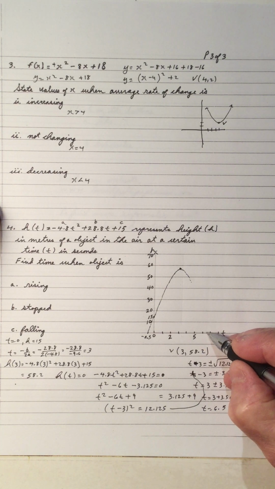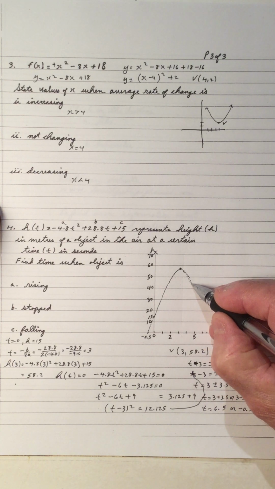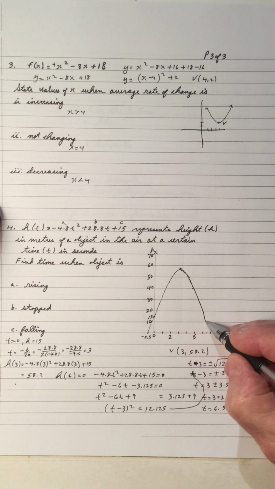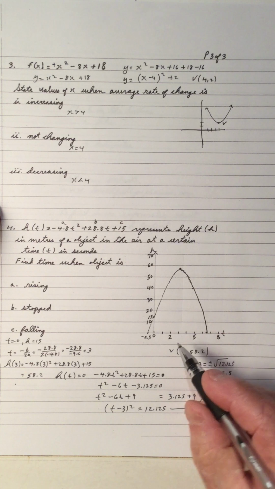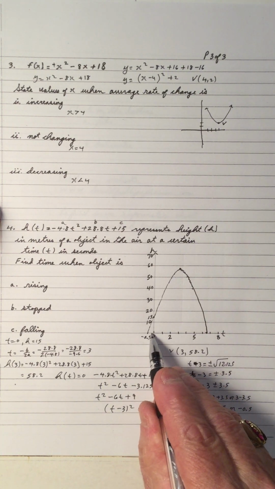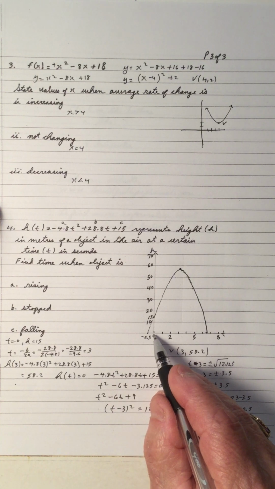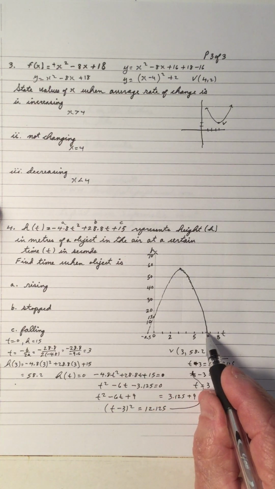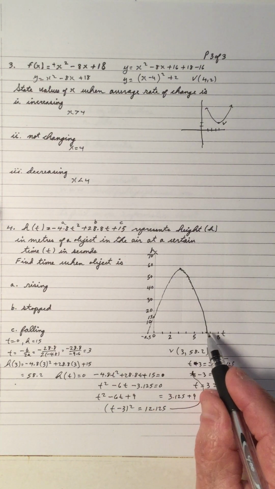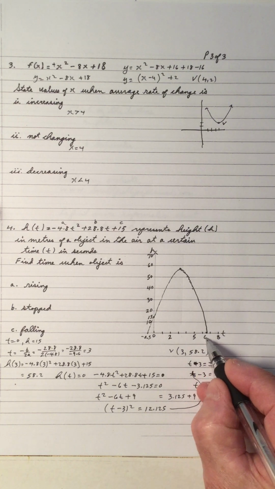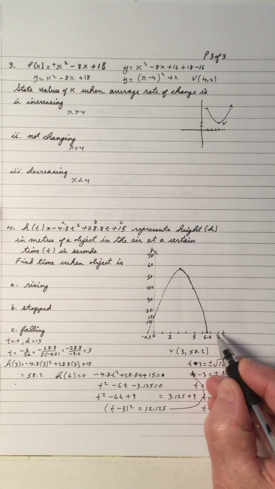So roughly, it's going to come down like this and hit the ground right there, because the height is 0. The height is 0 all along here, so there's only one answer where this will hit. So this is 6.5.